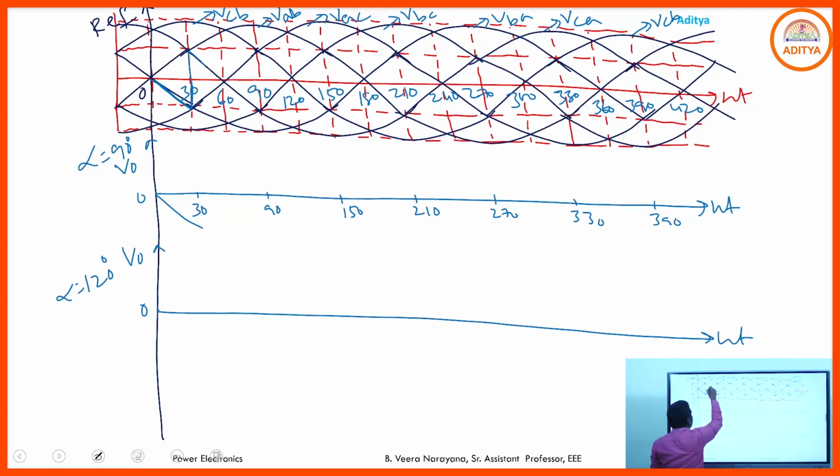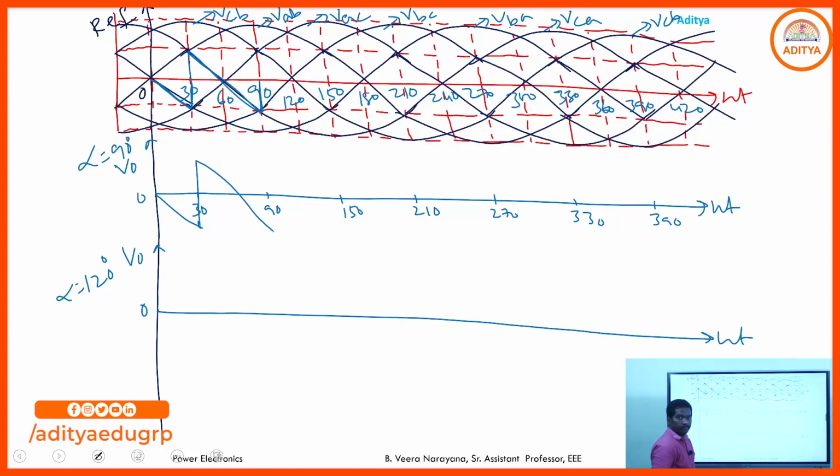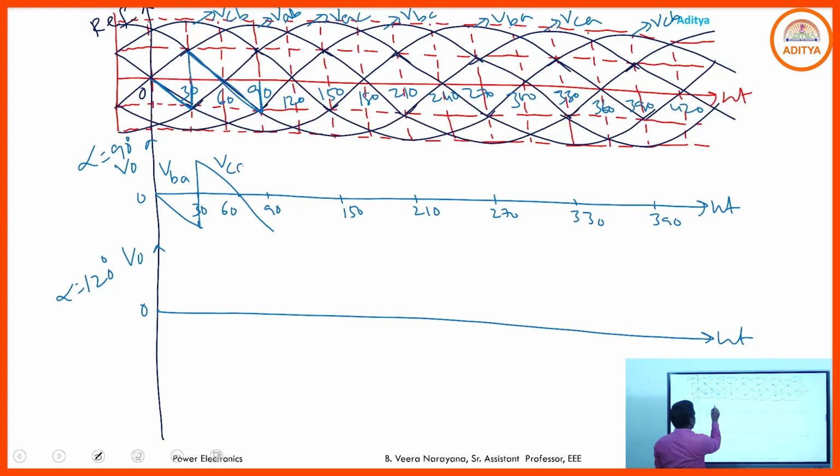Go through that, 30 to 90, like this. 30 to 60 is the positive portion, 60 to 90 is the negative portion. And here it is VBA and it is VCA.